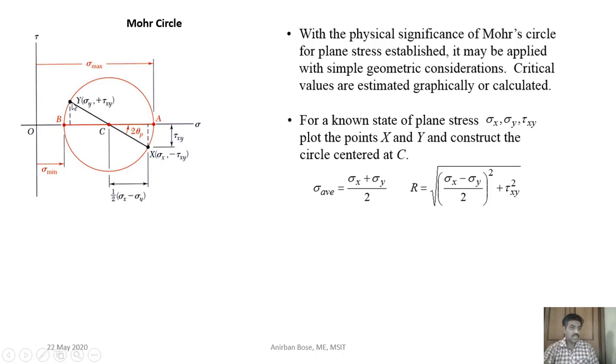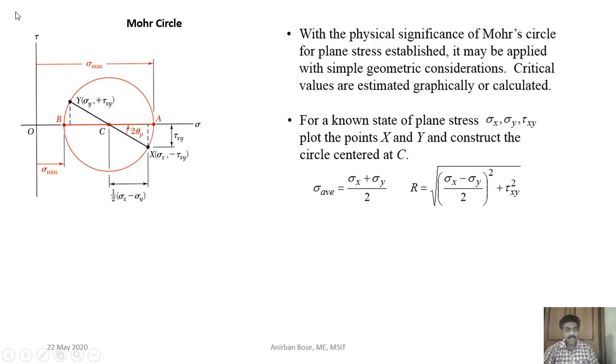Or in other words, instead of that, you just consider positive shear stress as clockwise, and negative shear stress as anti-clockwise. So if you consider anti-clockwise, then you can plot that particular normal and shear stress in this coordinate axis. So I have told you two methods.